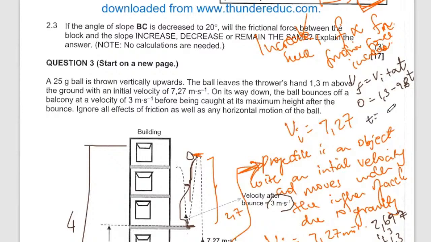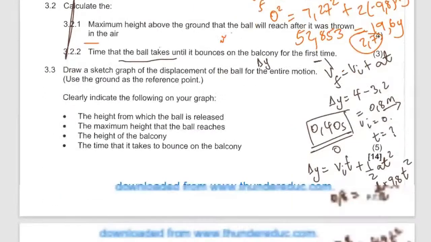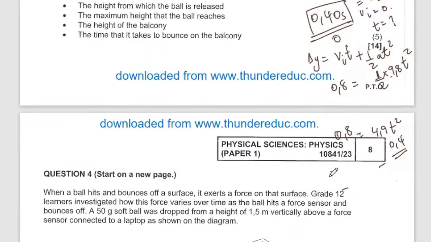So which means our t is going to be 1.3 over 9.8, 1.3 divided by 9.8, which is 0.133. Then I can add the 0.4 plus the 0.13, so that's going to be 0.5.